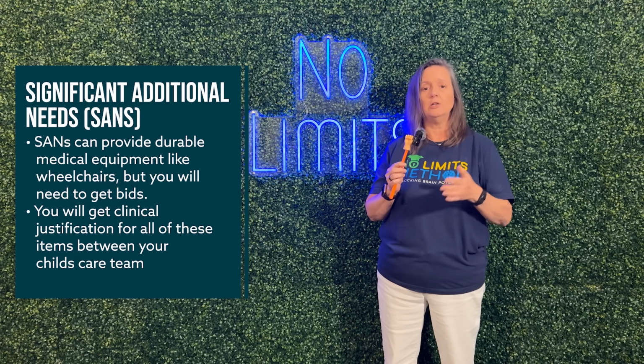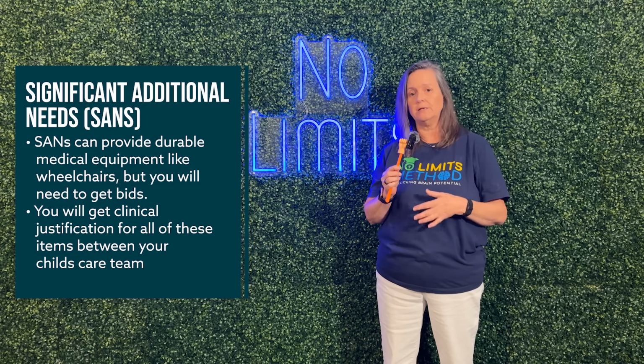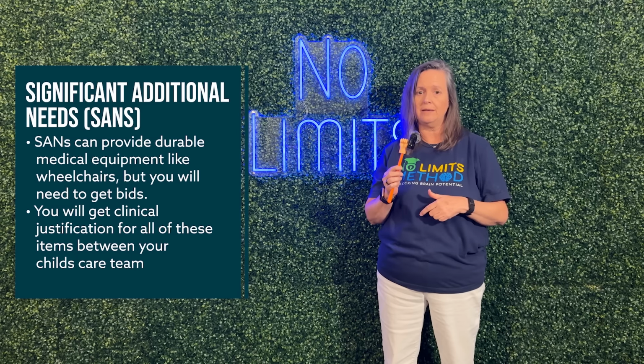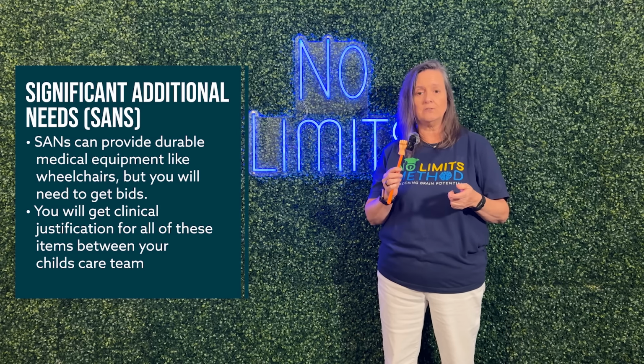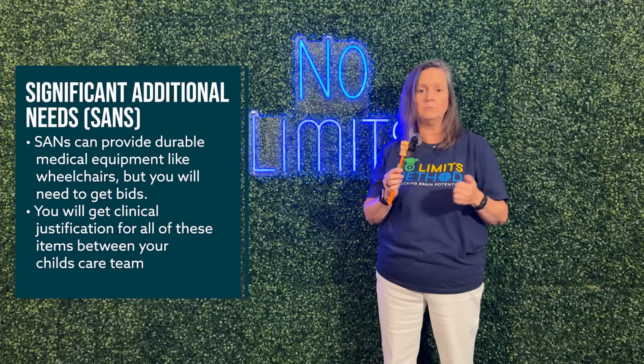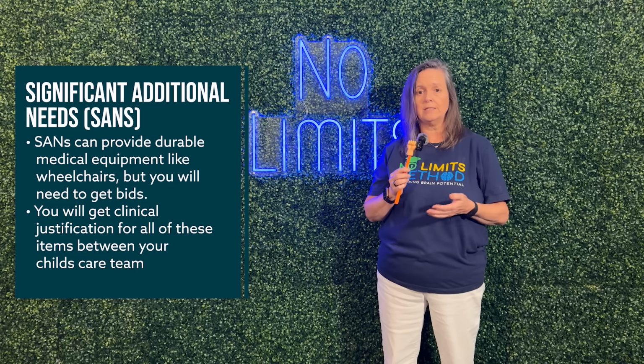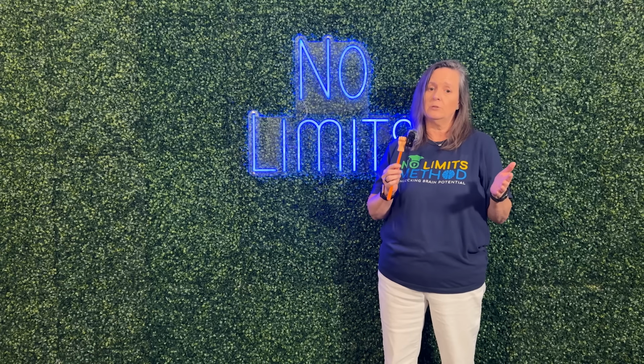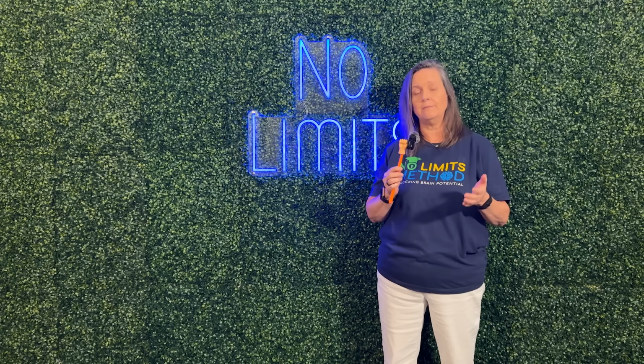For that, you will have to get bids and documentation, but you're in control of what's happening. You'll get clinical justification for all of these items from PT and OT, and maybe speech therapy if it's a speech therapist device. You can do environmental accessibility adaptations to your home. If you rent and your landlord approves, you can get them done there.